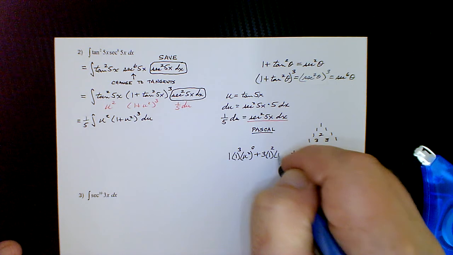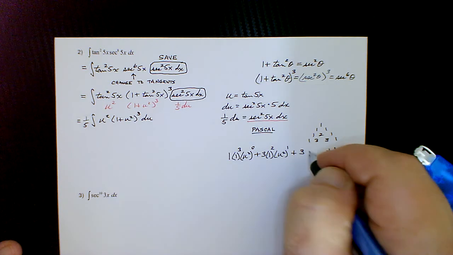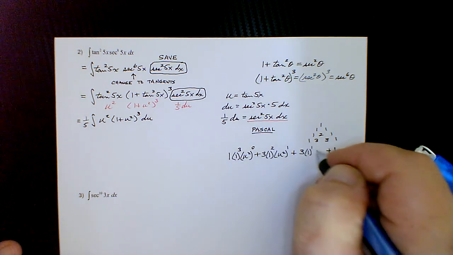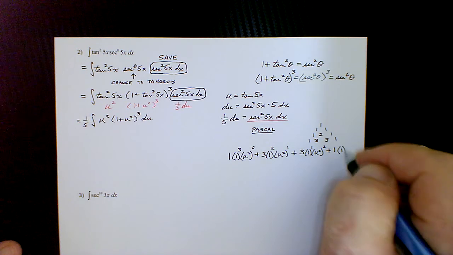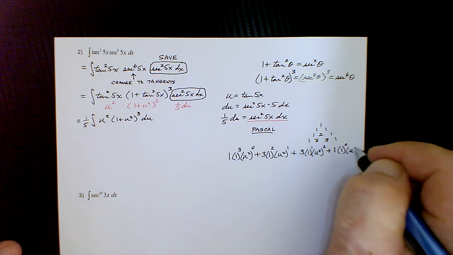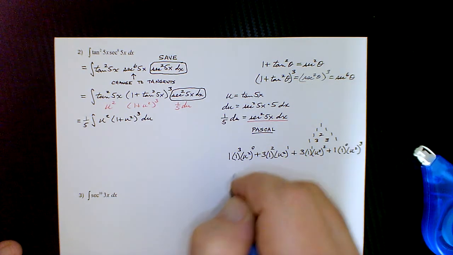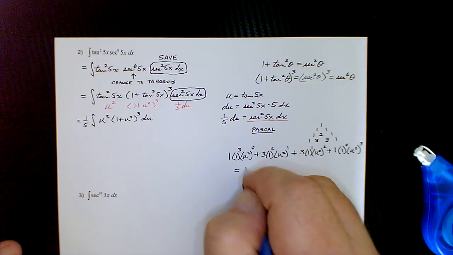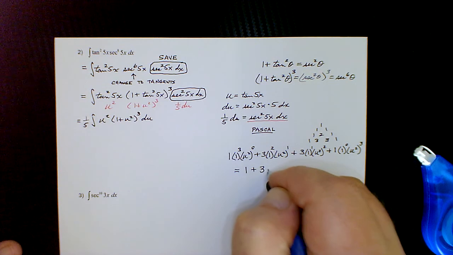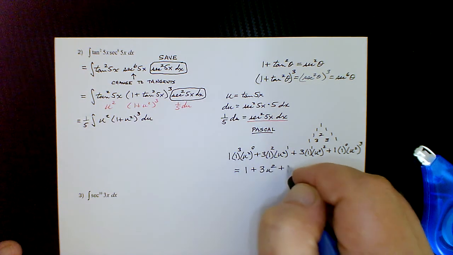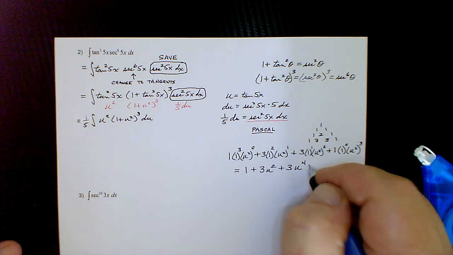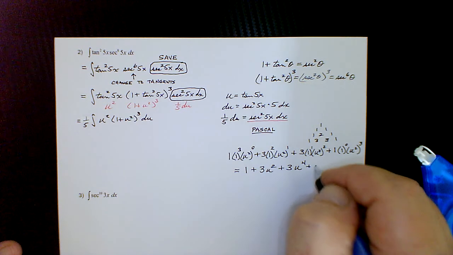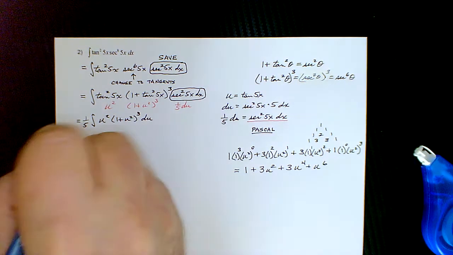So 1 squared, u squared to the first, 1 to the first, u squared squared, 1 to the 0, and u squared cubed. So we get 1 plus 3 u squared to the first, u squared, plus 3 u squared squared, u to the fourth, and then plus u squared cubed, u to the sixth.